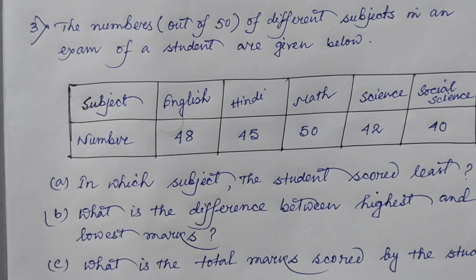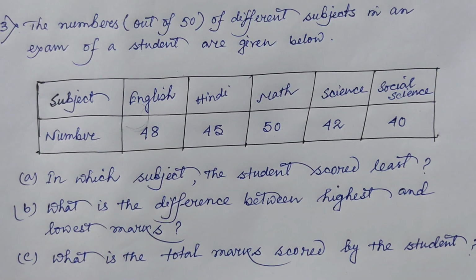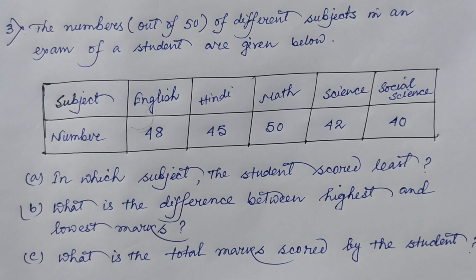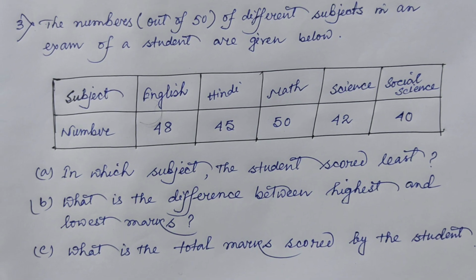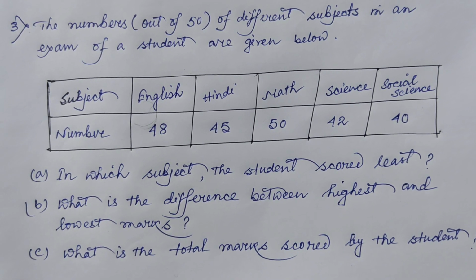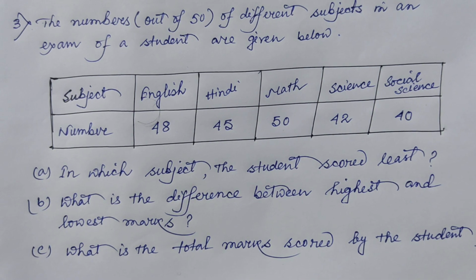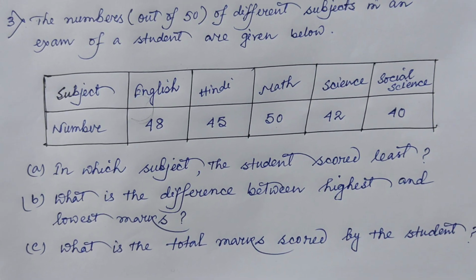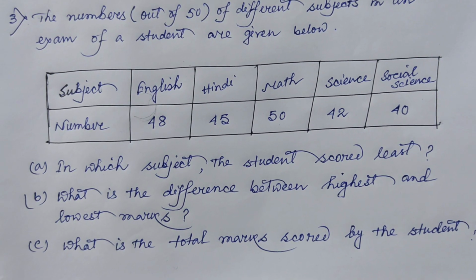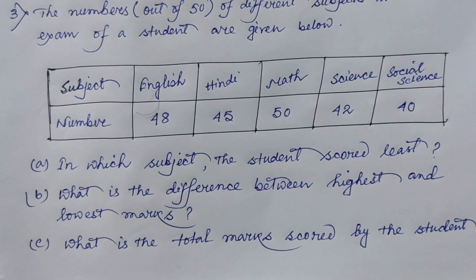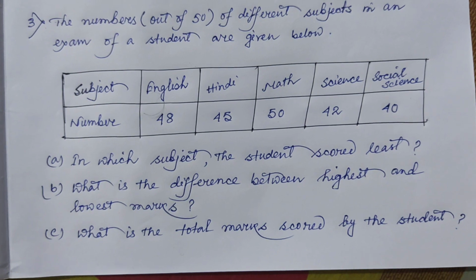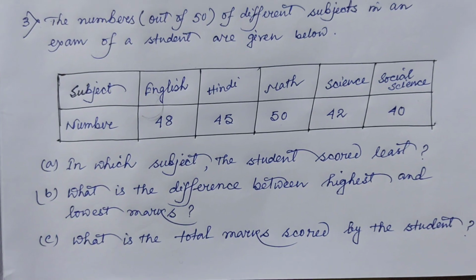Now question A. In which subject did the student score least? B. What is the difference between highest and lowest marks? C. What is the total marks scored by the student? So do this homework in your classwork copy.